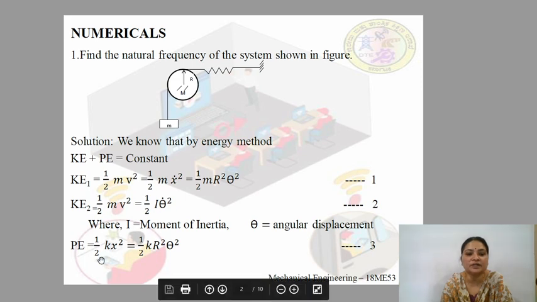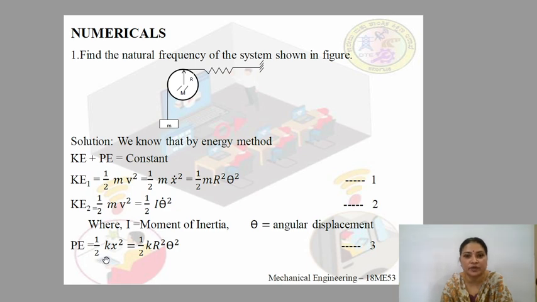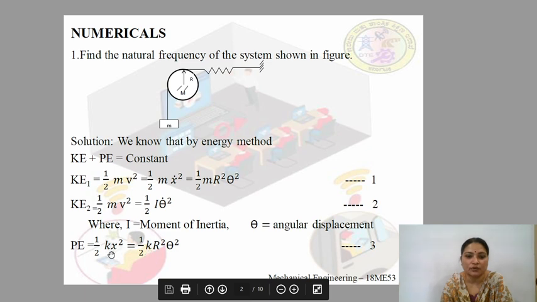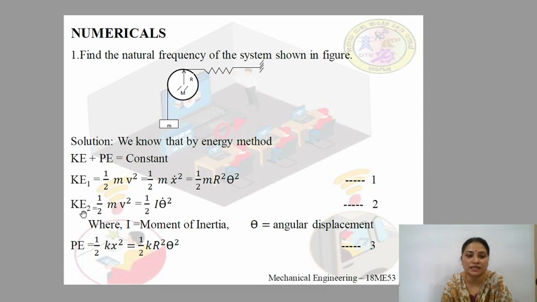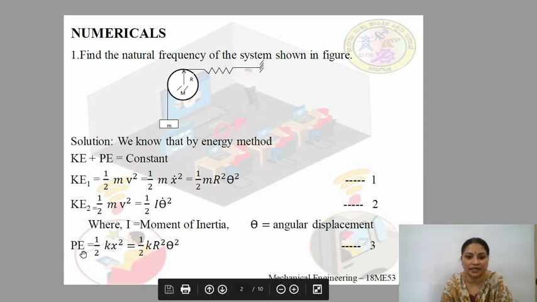Now to find the potential energy, we know that the equation is half k x square. So 1 by 2 k, where the value of x is r theta, therefore r square theta square. That is called equation 3. We have the equations of kinetic energy of both the masses and the potential energy.